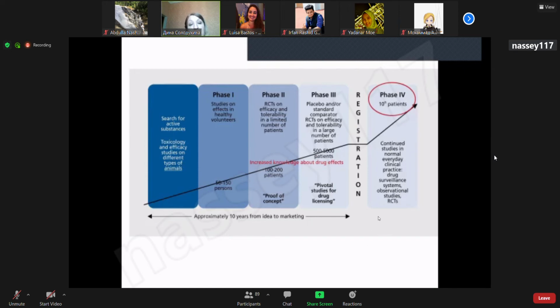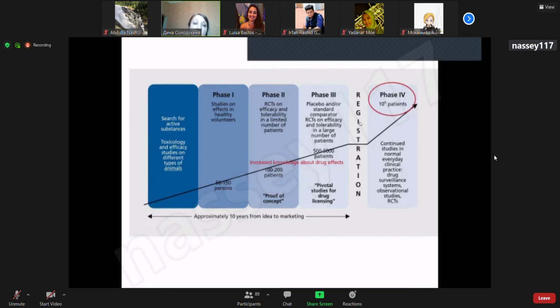Still, you can see that even after phase 2, we have quite a good understanding about efficacy and side effects. However, phase 3 usually enables us to be very sure about the real effects of the intervention. Okay, so usually before registration, we cannot use any intervention, but phase 4, you see, it's possible to be conducted after official registration.